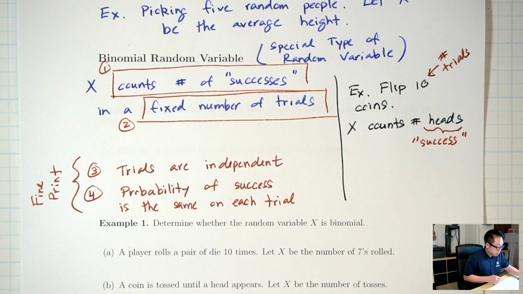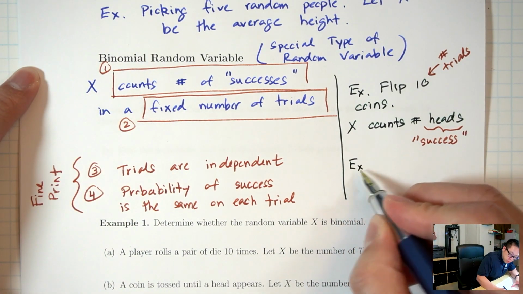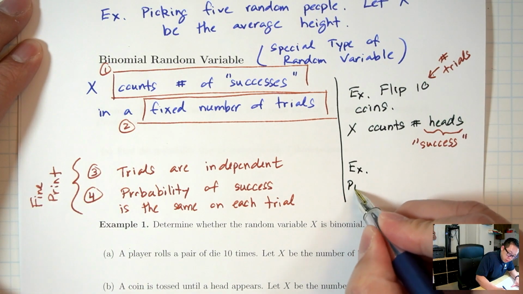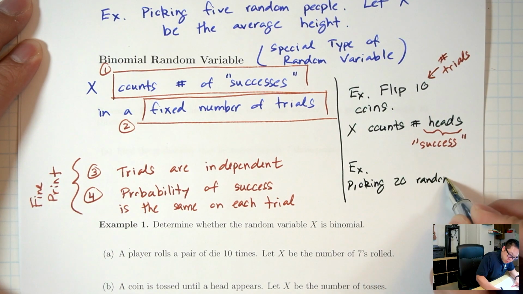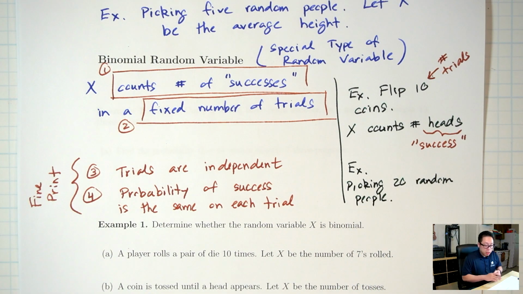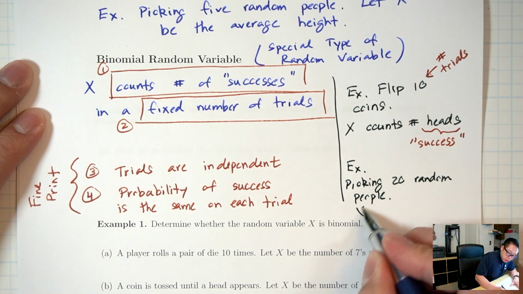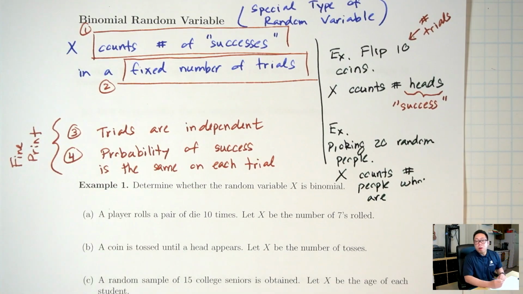And then another example, which is more realistic for us in statistics, is picking 20 random people. The random process here is picking people. We're doing it 20 times, so we're doing it a fixed number of times. And X here is going to count the number of people who are over the age of 21.